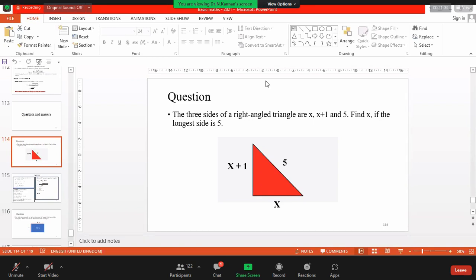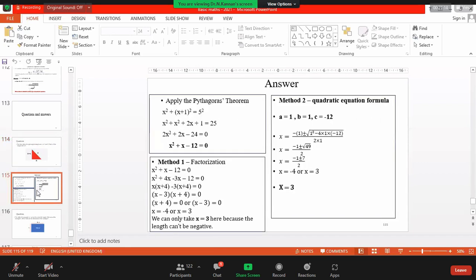Here I use the perpendicular theorem, sir. The formula comes as x square plus (x plus 1) square is equal to 5 square. So when we expand, (x plus 1) square is coming like this: x square plus 2x plus 1 is equal to 25. When we take 25 to the right side of the equation, 2x square plus 2x minus 24 is equal to 0.